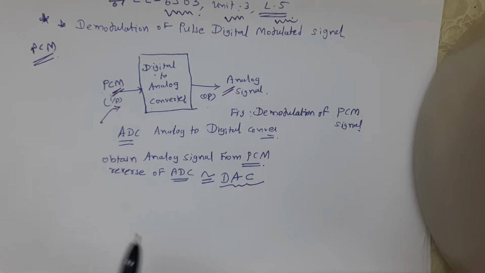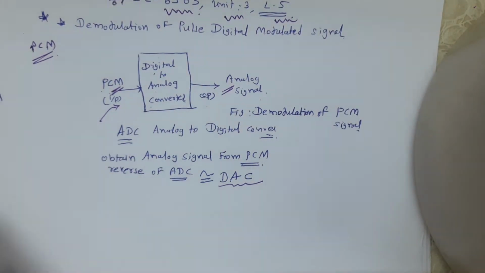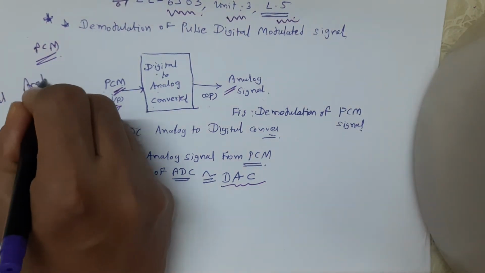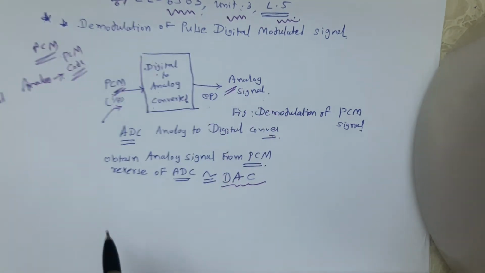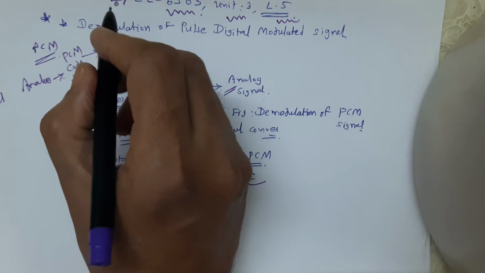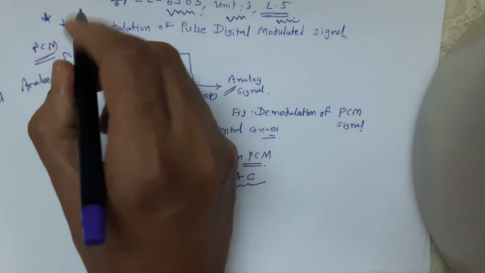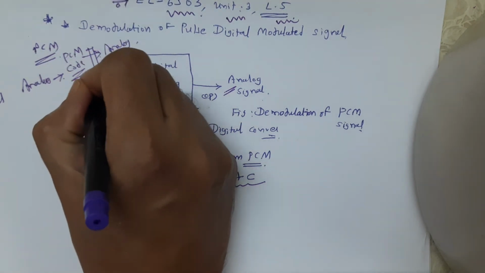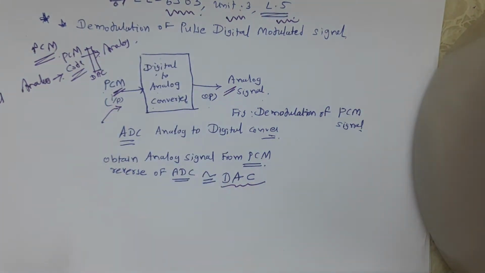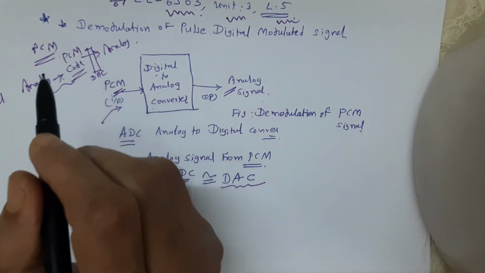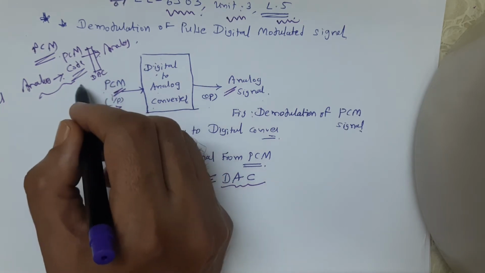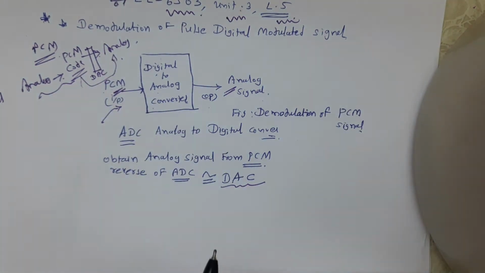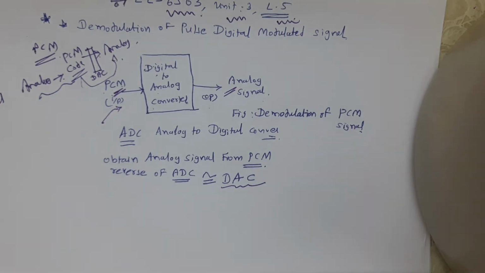So we can say that first of all, the analog signal is converted into the coded form, that means PCM, then this PCM is converted into the analog with the help of DAC, digital to analog converter. When it is converted from analog to PCM, there is a very small amount of error. Again, when it is converted from the PCM back, there is again a very small amount of error, which is negligible.